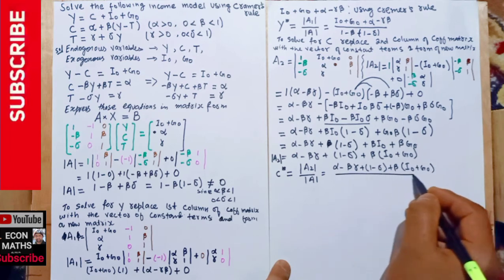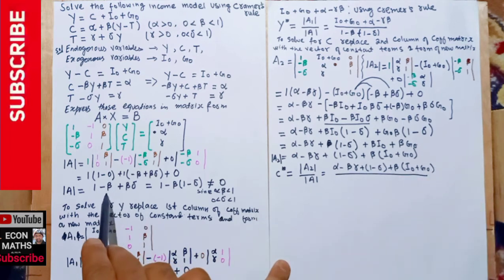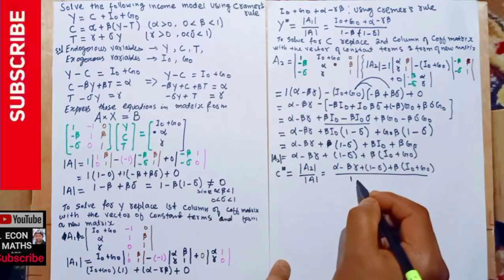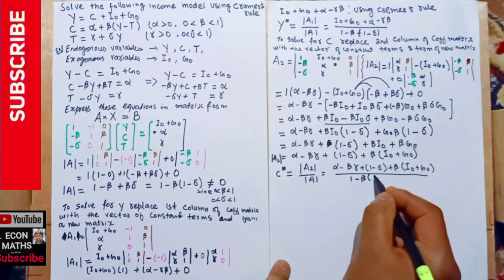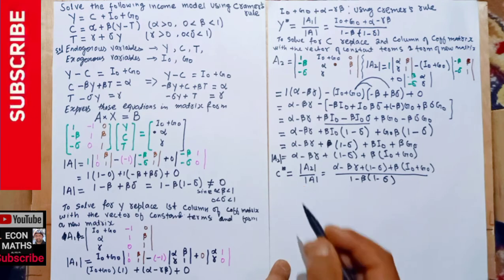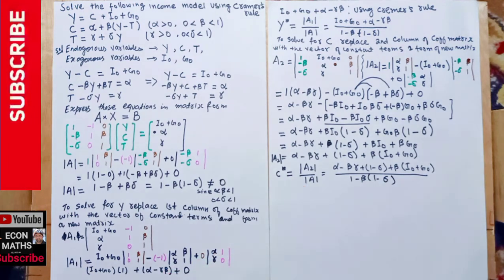We divide this by the original determinant, which is 1 minus beta, 1 minus delta. So this is our equilibrium consumption.